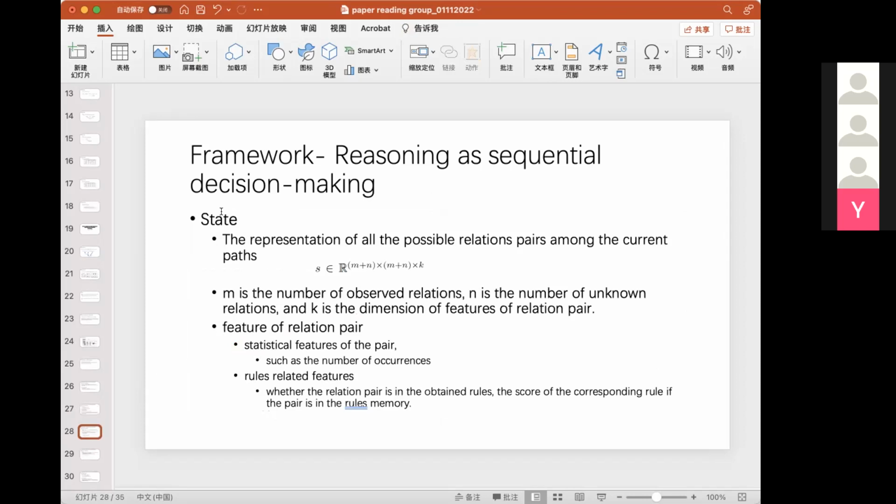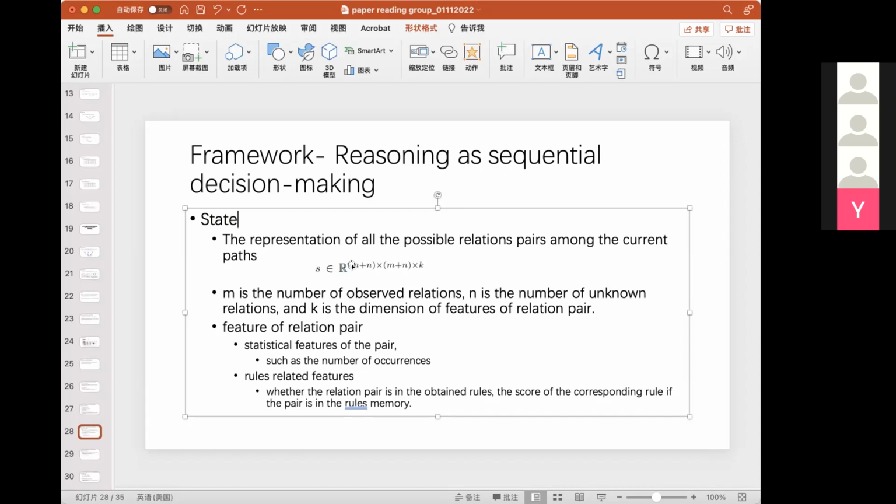Okay. So the next part is how to build the state of this policy value network. The state will be represented as the representation of all possible relation pairs among the current paths.